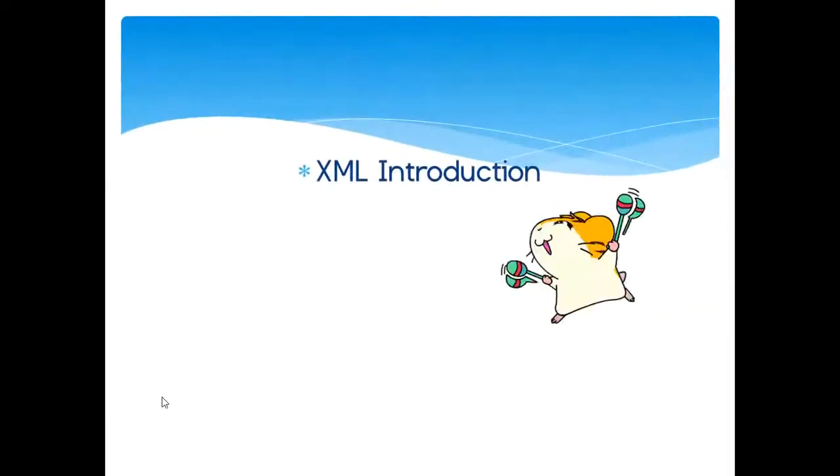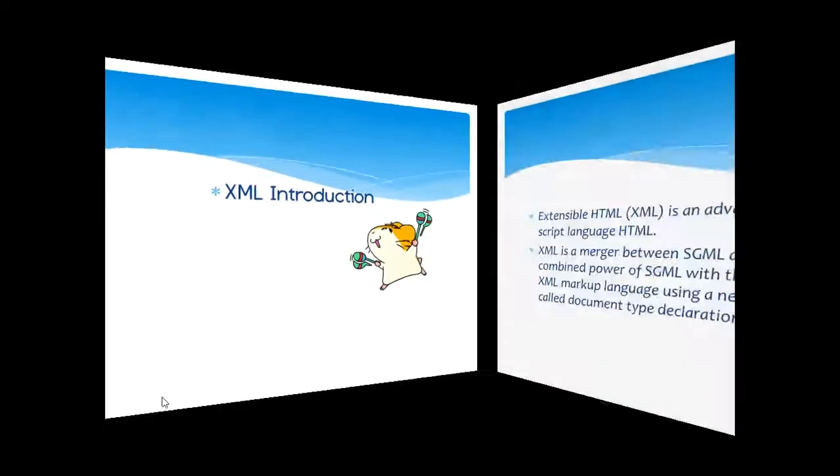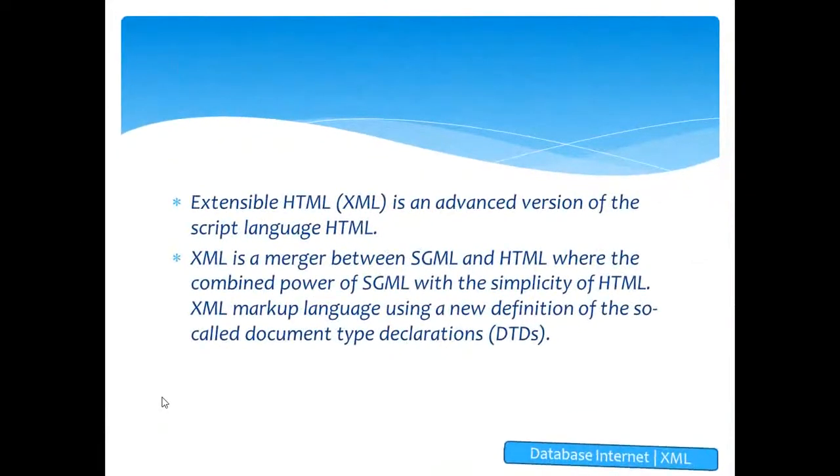Next subject, XML introduction. Extensible Markup Language, or XML, is an advanced version of the script language HTML. So XML can be called the continuation of HTML, but now we know that the newest version is HTML5.